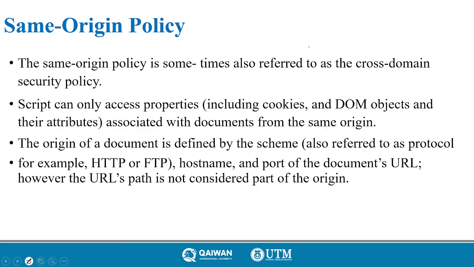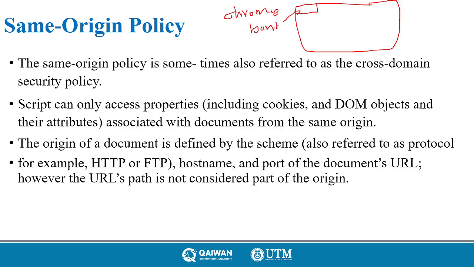Now, what does this mean? It means that, for example, you have a web browser. Let's say this is Chrome. Inside it, you have opened, let's say, your bank, and you opened some other tabs too. For example, this one is evil.com. Now, evil.com has some code that might be harmful for the bank.